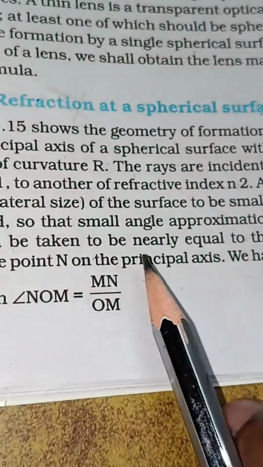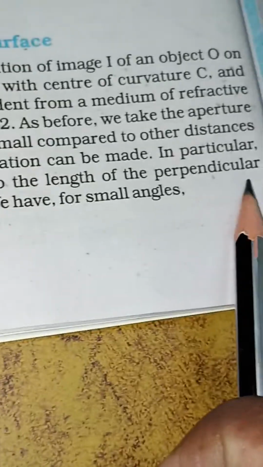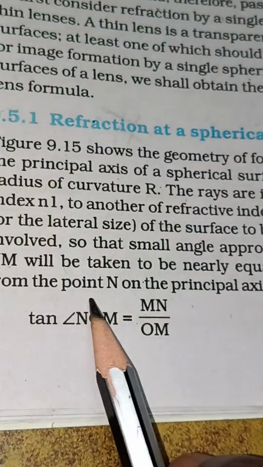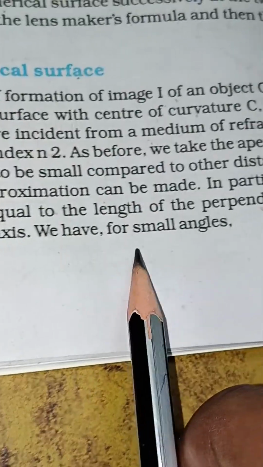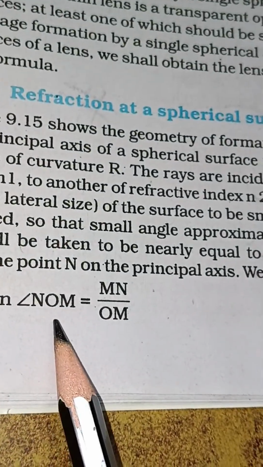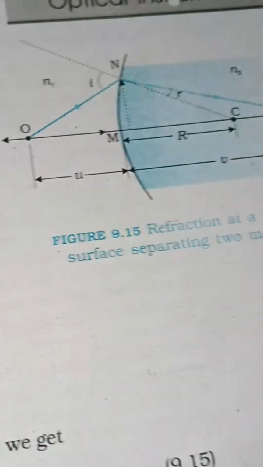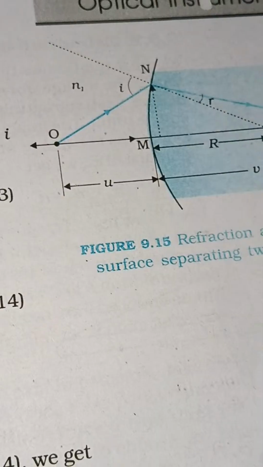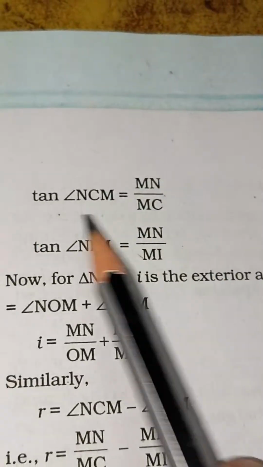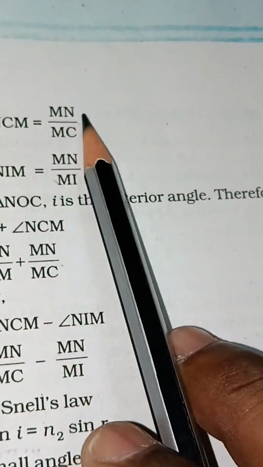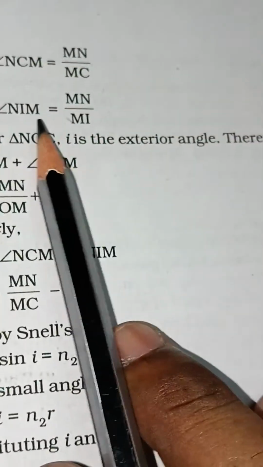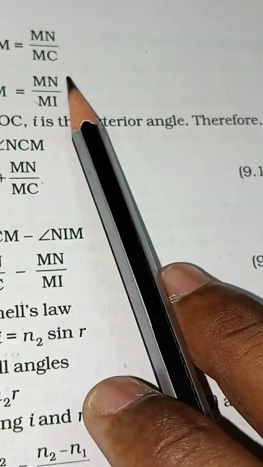In particular, NM will be taken to be nearly equal to the length of the perpendicular from the point N on the principal axis. We have for small angles tan of angle NOM equal to NM upon OM. Next, tan NMC is equal to MN upon MC, and tan NIM is equal to MN upon MI.